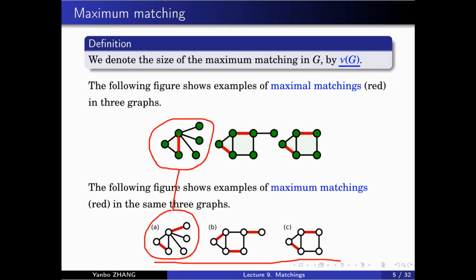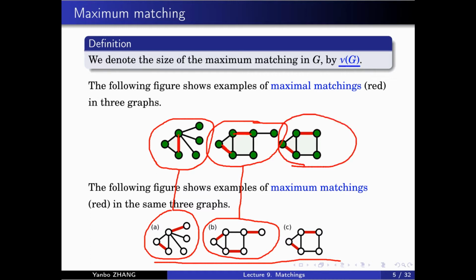For the same reason, these 2 edges form a maximal matching but not a maximum matching. We can find a maximum matching with 3 edges. Note that a maximum matching must be a maximal matching. The third matching is both maximal and maximum.